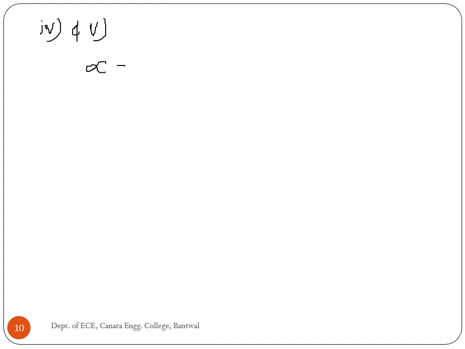We know that the propagation constant for this given problem is 3.5 plus J 22.48, which is in the form alpha plus J beta.